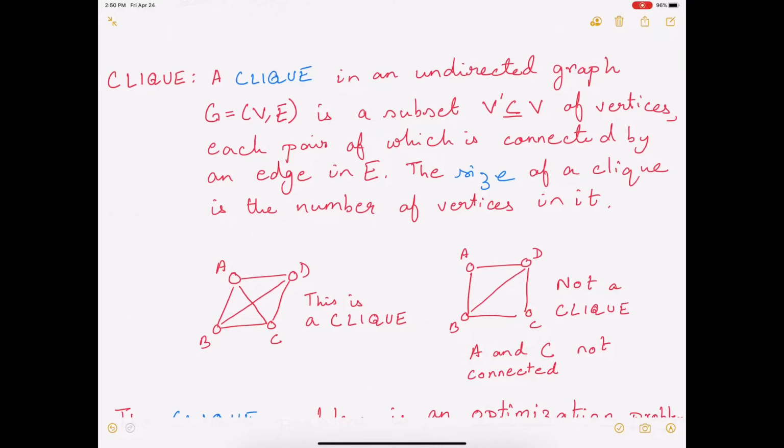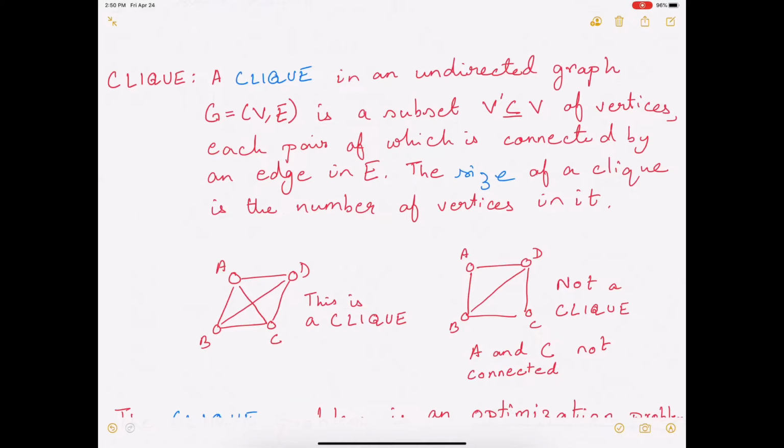So it's a complete graph. All vertices in V prime are connected to each other. Now the size of the CLIQUE is the number of vertices in it. So if V prime is say 5, the size of the CLIQUE is 5.